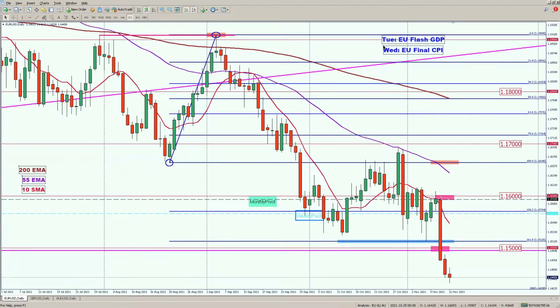At the start of the week, it only managed to climb up to pull back into the 116 level, which we had marked here last week, and also where the monthly pivot was.